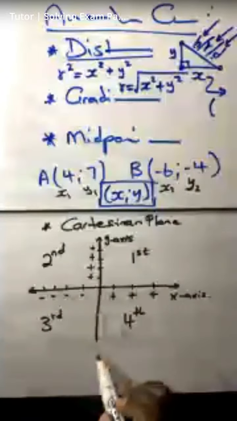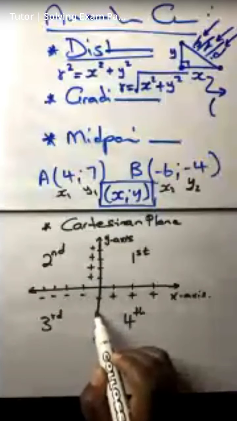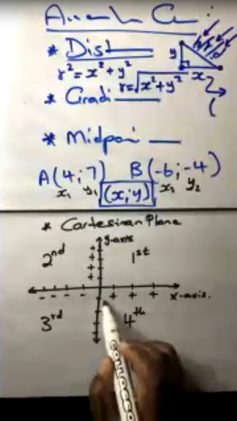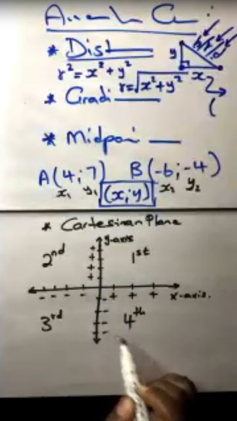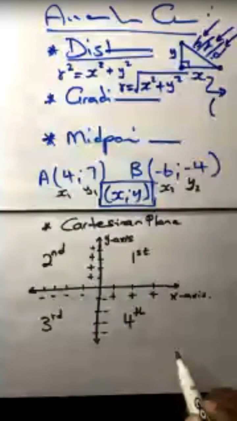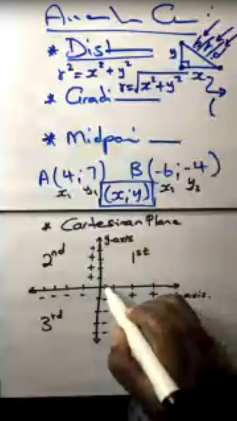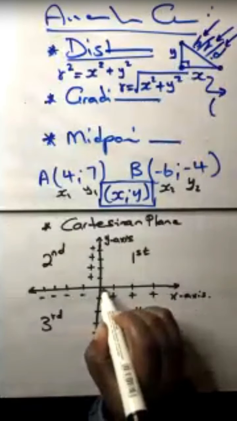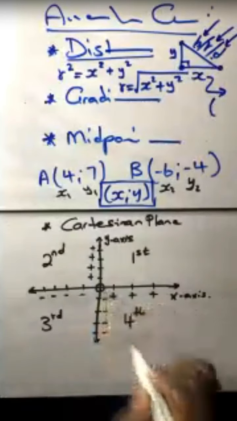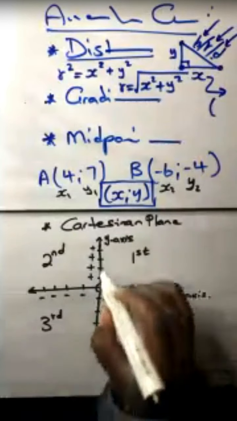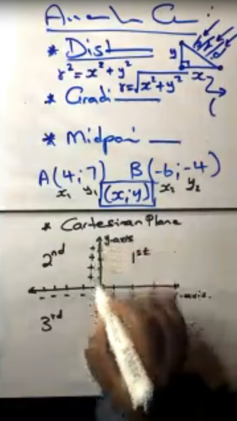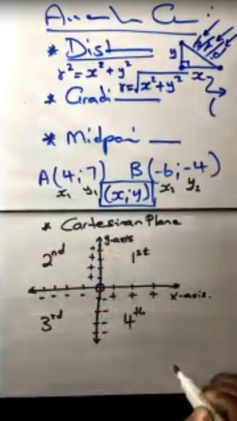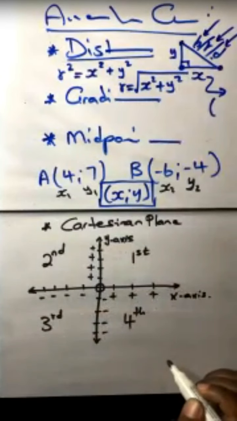So from that point going in that direction, we have got negative y values. So what is that point there? This is a point called the origin. The origin is the point where the y and the x-axis intersect. We call that point the origin.